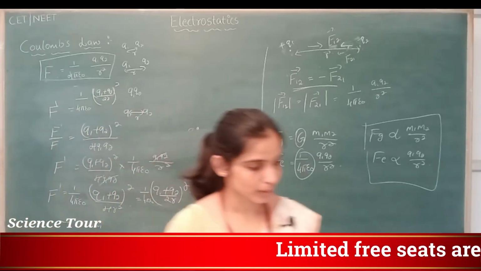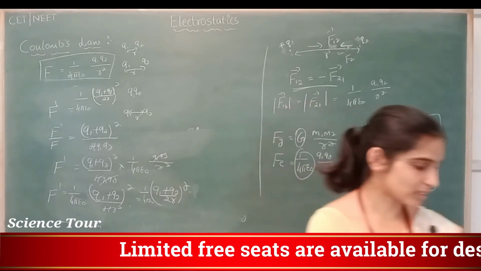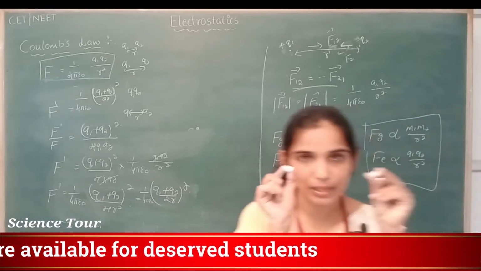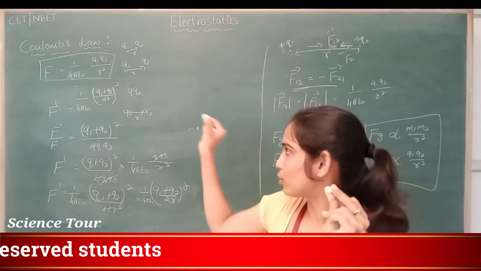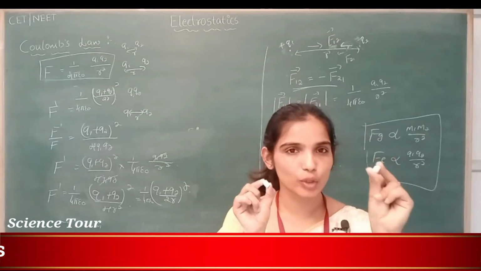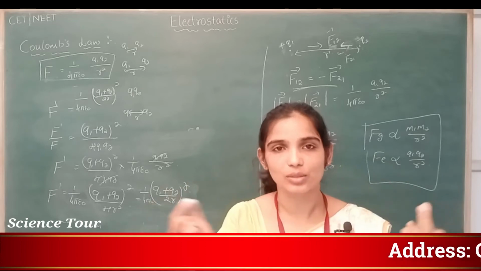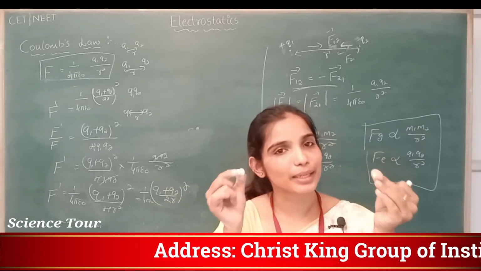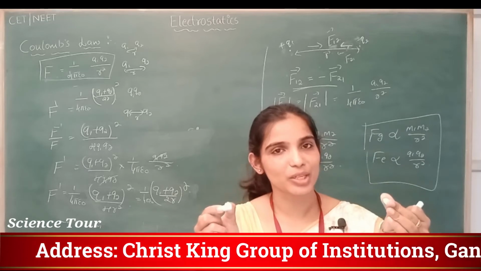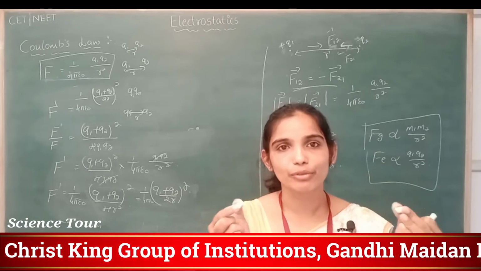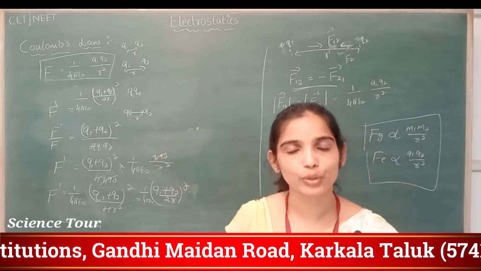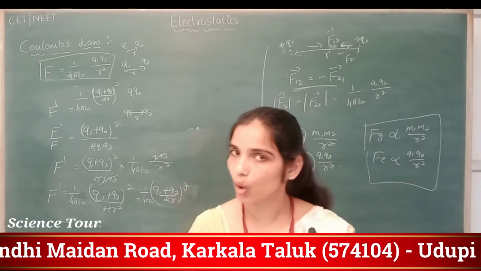So that's strange: two charges that were already separated have force F, 1 by 4 pi epsilon naught Q1 into Q2 by r square. Now they are brought in contact and again separated to the same separation, but now the force is different: 1 by 4 pi epsilon naught Q1 plus Q2 by 2r whole square.